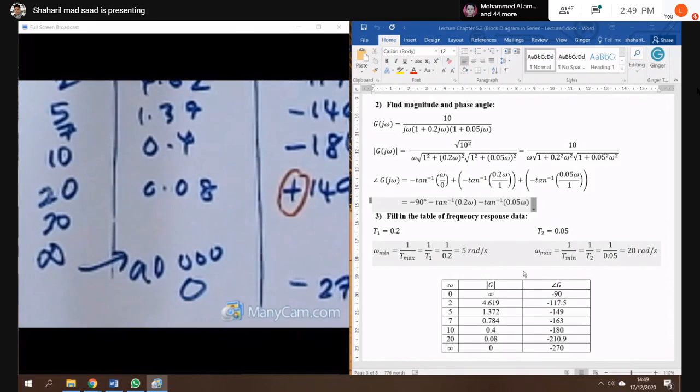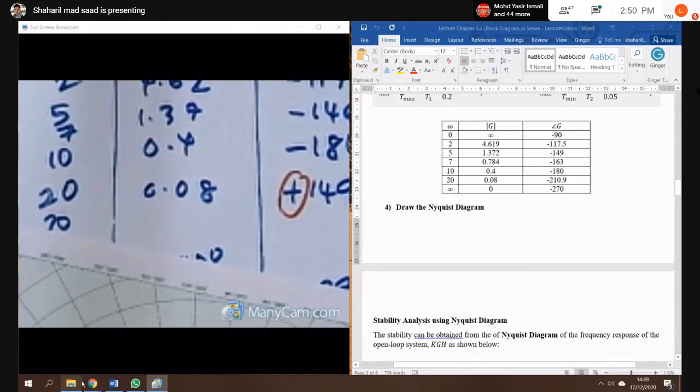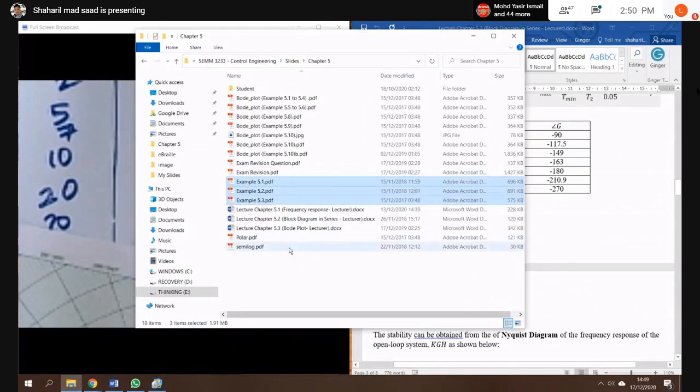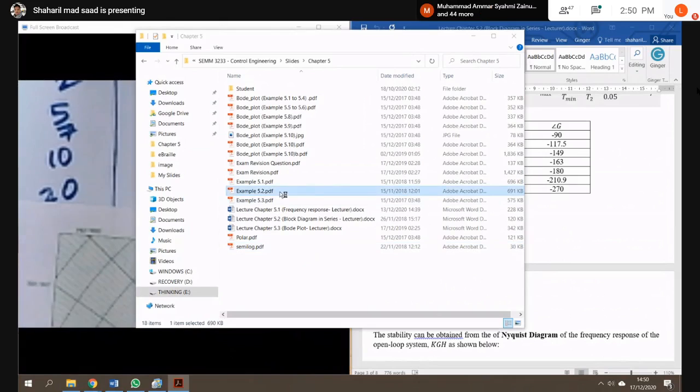And then after that, you start to plot your graph. Okay. So maybe I can show this one, 5.2 here.